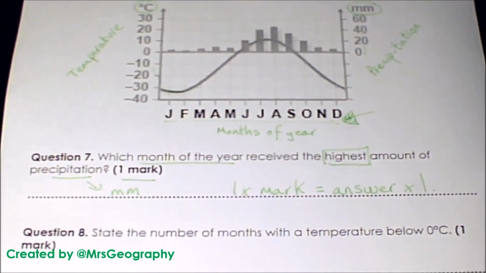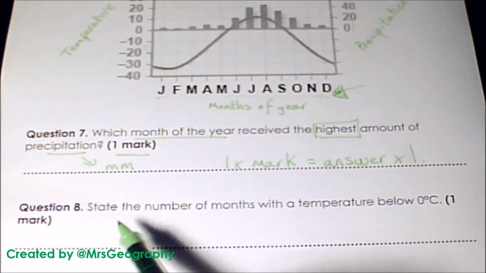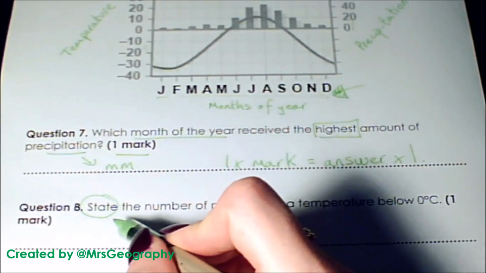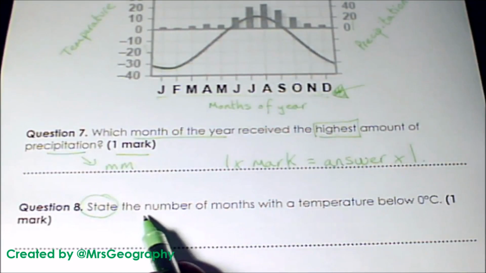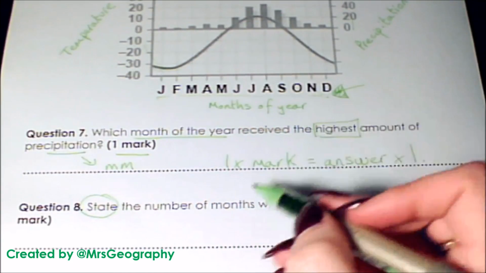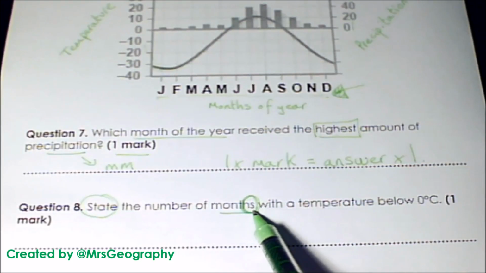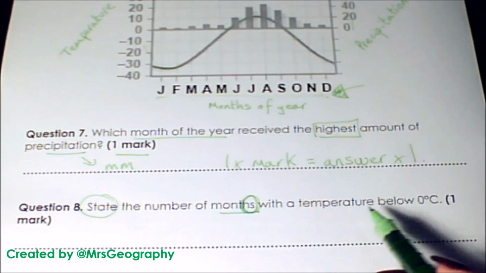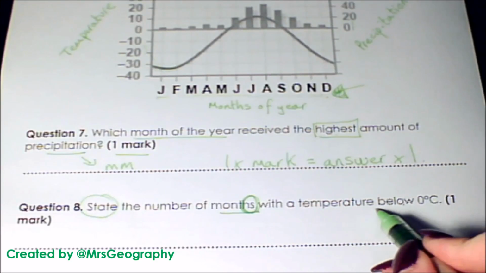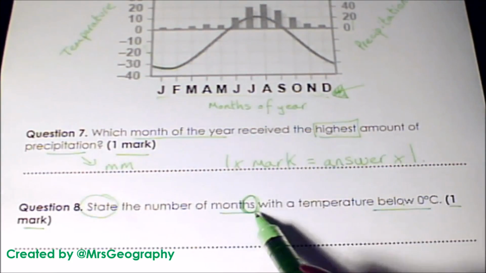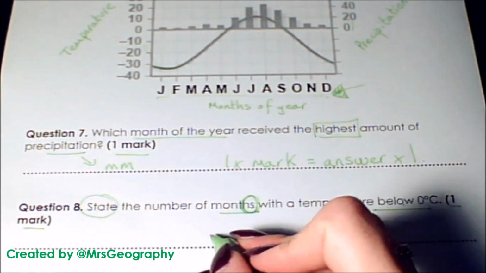If we move on to question 8, we've got to state. So state is just another word for basically saying say. The number of months. Now again, plural here, months, so potentially a clue that there is more than one, with a temperature below 0 degrees. 1 mark. So don't forget this plural. So this time it's a bit different.